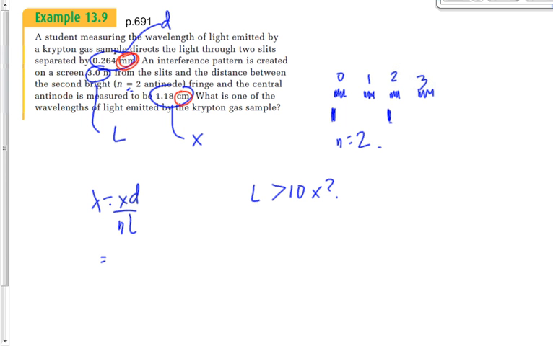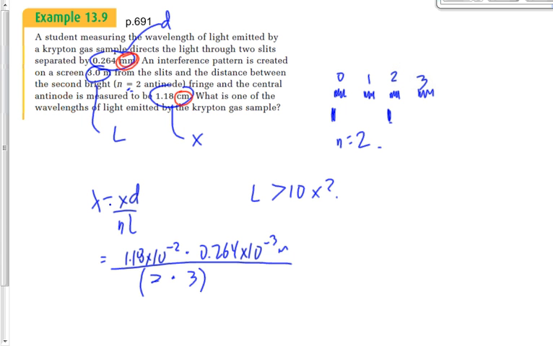X is 1.18 times 10 to the minus 2. D is 0.264 times 10 to the minus 3. N is 2. And L is 3 meters.